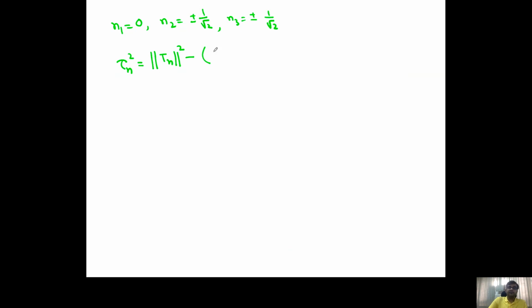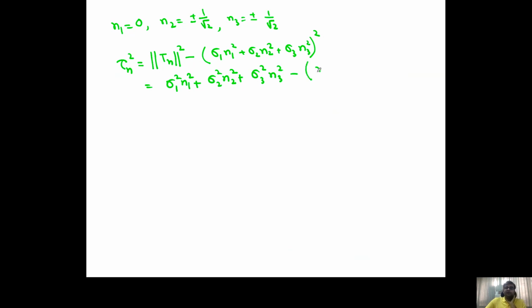minus sigma 1 n1 square plus sigma 2 n2 square plus sigma 3 n3 square, its whole square. Now when you write it, it was sigma 1 square n1 square plus sigma 2 square n2 square plus sigma 3 square n3 square minus sigma 1 n1 square plus sigma 2 n2 square plus sigma 3 n3 square, whole square.